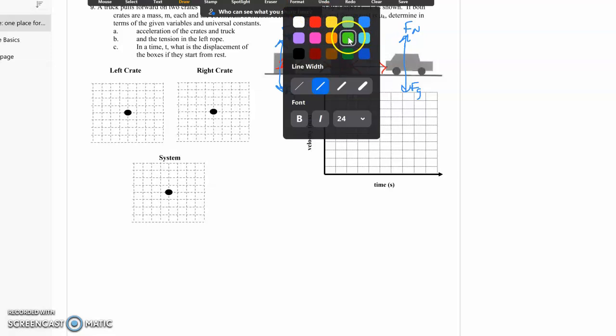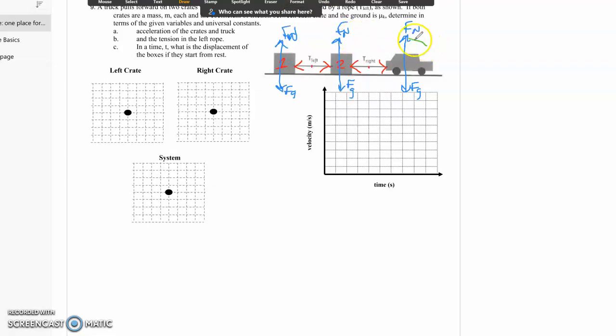Just like with a pulley problem or anything else, you can sum on the whole system, right? So if I said sum of F equals MA, the M would be M1 plus M2 plus M car if I summed on that whole thing, and that would be the A of the whole system.